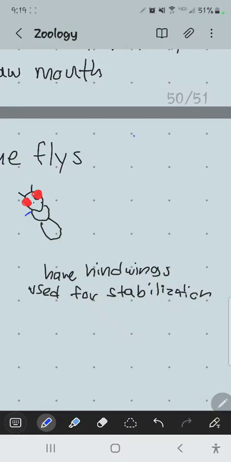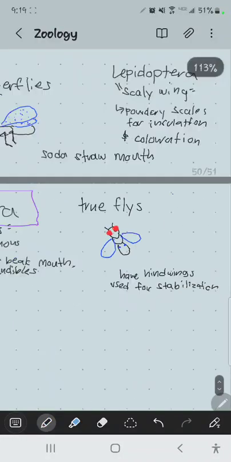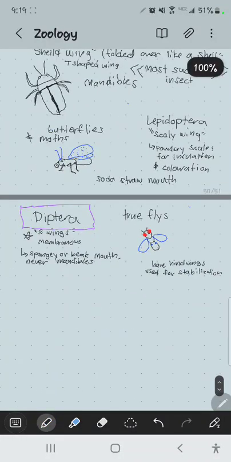Okay, so very closely related to the Diptera are the fleas. Fleas are kind of like a sister group of flies. It's just that the fleas have no wings. So the Siphonaptera, these are the fleas.